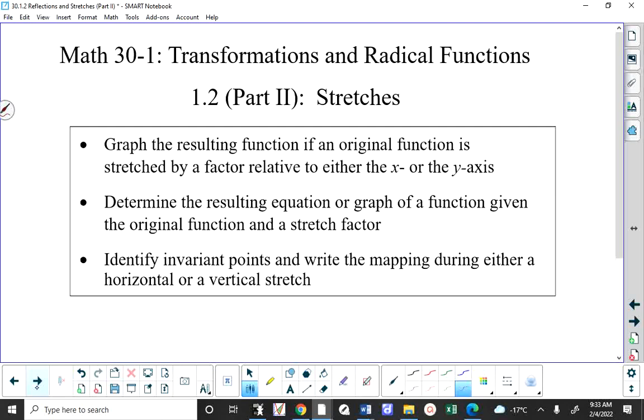The first thing I want to mention is that the word stretch in the English language means, generally speaking, to make things bigger. But stretch in mathematics is not necessarily going to make something bigger. It can make things smaller.